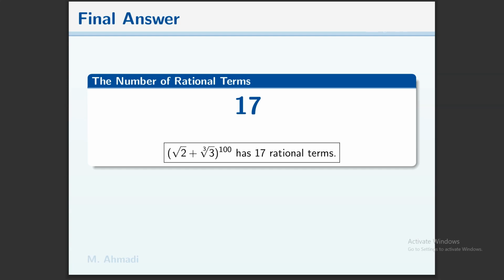Or in other words, (√2 + ∛3)^100 has 17 rational terms.